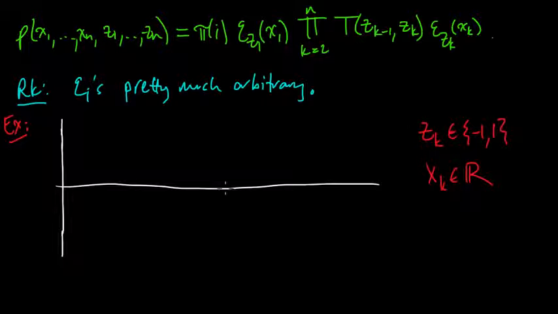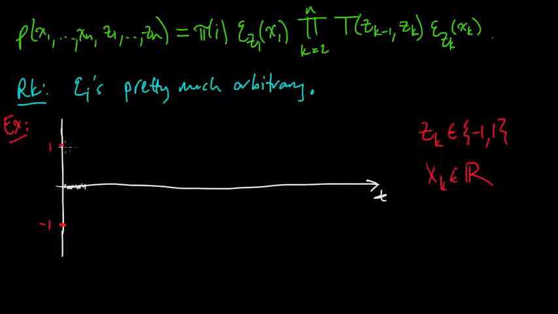And let's say that the z's flip and flop back and forth. So let's make this -1, this 1. Let's say it's some super fine grid on this time axis. It has to be discrete, of course.